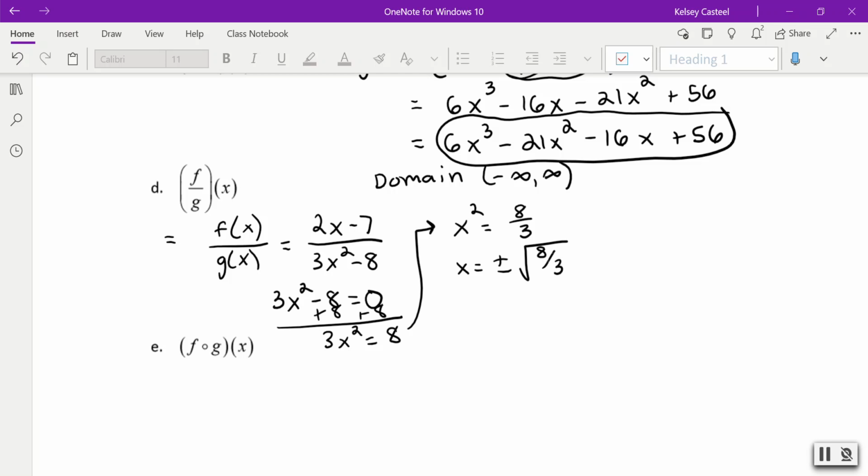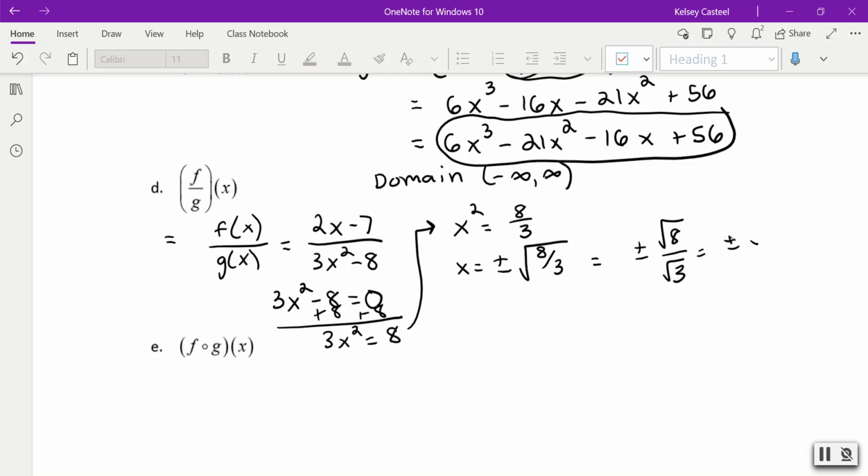Now, we could take this a bit further and simplify this square root. So the first step in doing that would be using the quotient rule and separating the numerator and denominator. So we'd have square root of 8 over square root of 3. Next, we would want to simplify either of the square roots if we can.